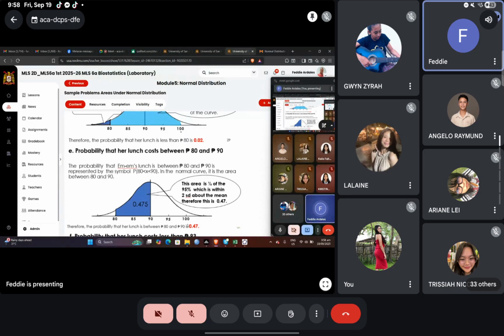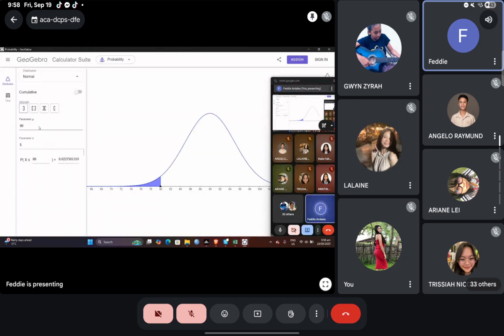Okay, so if you try to plot this one and compare the result using your GeoGebra, between 80 and 90, as you see, approximately 0.47249. That is the approximation of the area.